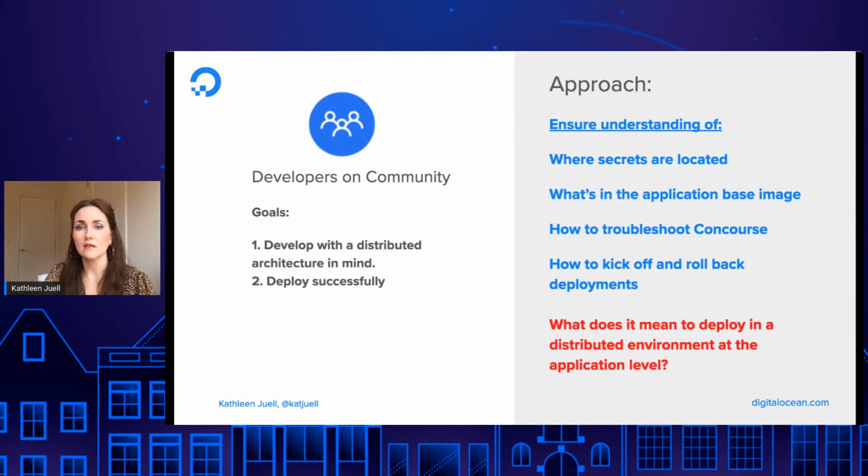However, it turns out that we hadn't actually taken the time to cover some of those meta-level topics that I was just discussing. So some of those topics and some of the implications of what it meant to deploy in a distributed environment weren't on the table from the get-go.